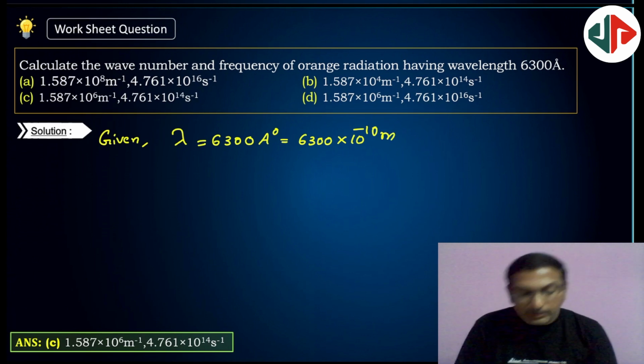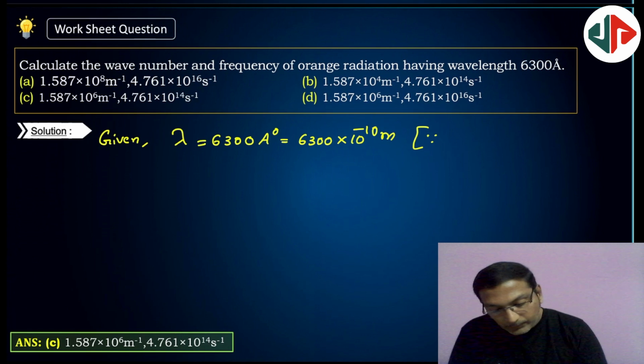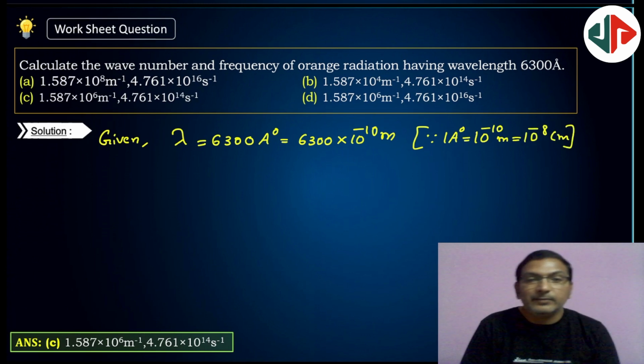You know 1 angstrom unit equals 10 power minus 10 meters or 10 power minus 8 centimeters, conversion.